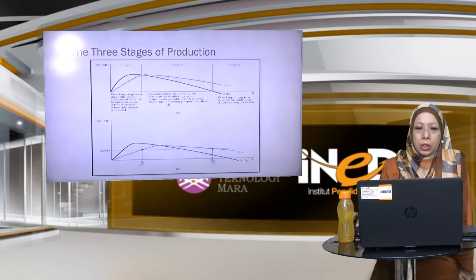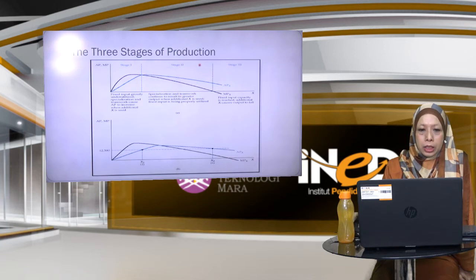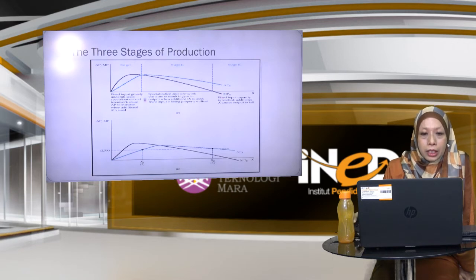So this is another diagram for the stages of production, but this time around I try to explain what actually happened within the stages. So we have here the marginal product curve and average product curve. As you can see in stage 1, fixed input is grossly underutilized.